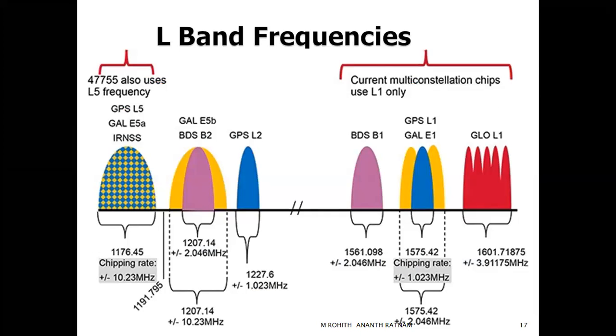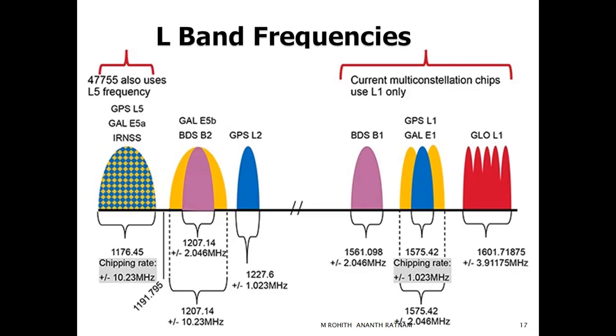But if you take the navigation satellites particularly, for these we are only using 1 gigahertz to 2 gigahertz. As I said, we have multiple navigation satellites like GPS, GLONASS, Galileo, BeiDou, and our Indian satellites too.